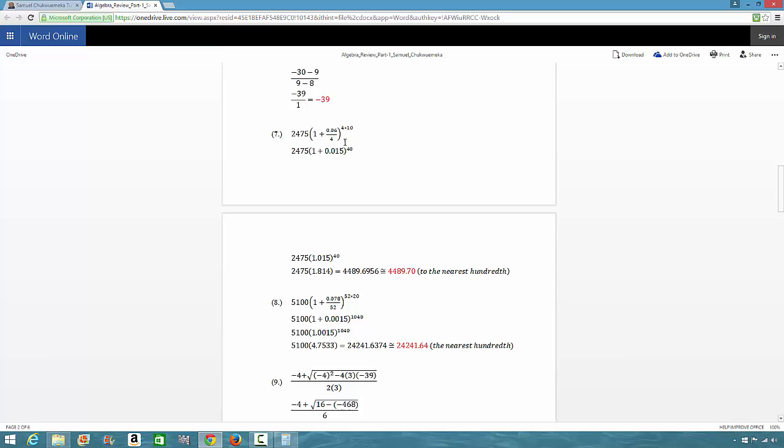And then all this exponent 4 times 10. So you see how I did it step by step. When you have an addition and division inside the parentheses, the division will come first. You do the division first.